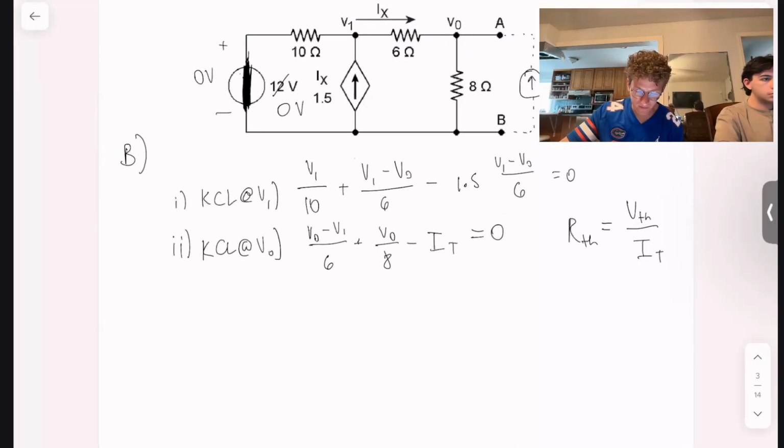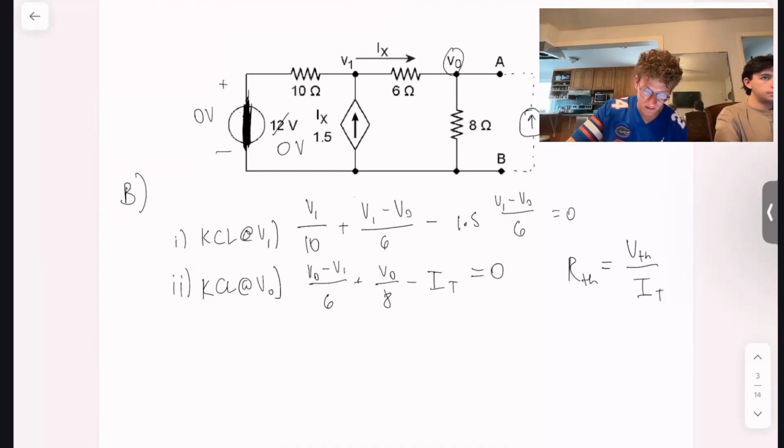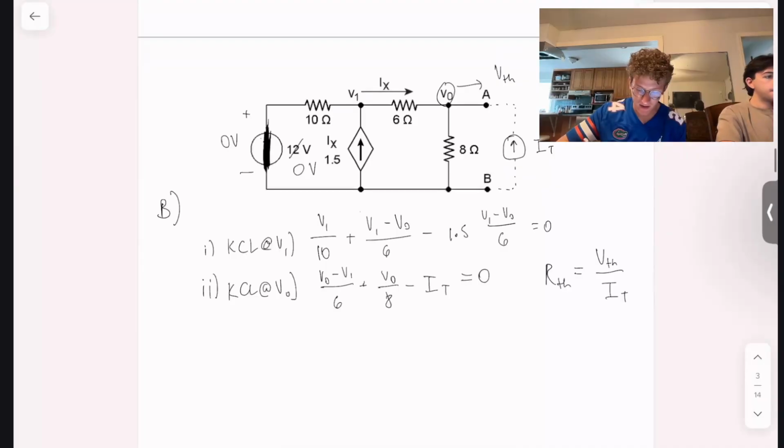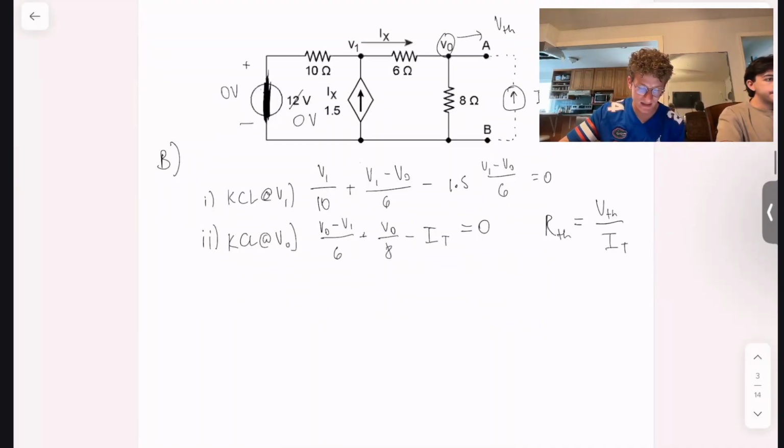If we remember from the last part, VO is what we can call VThevenin. So we have 2 of the elements that we need. We just have to find a way to get these 2 equations in the form of VTH over IT.